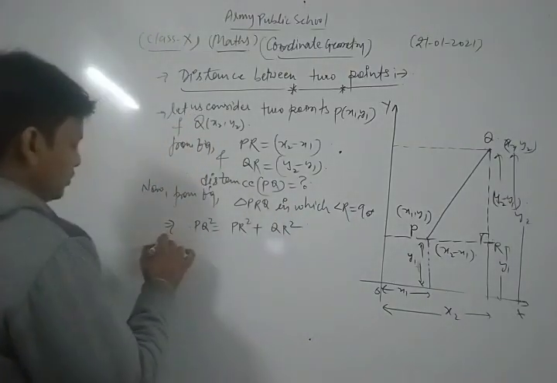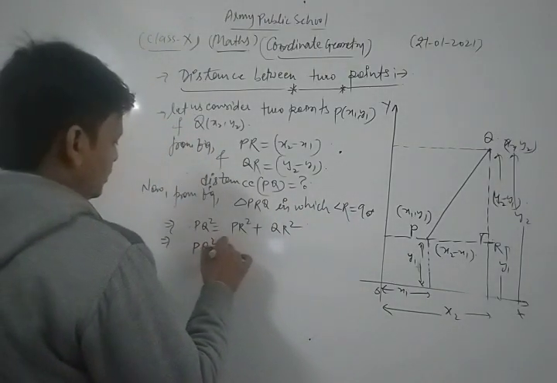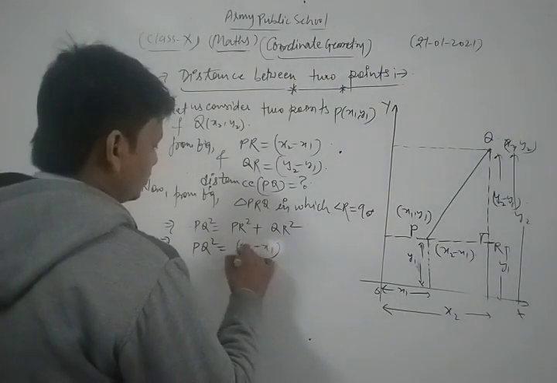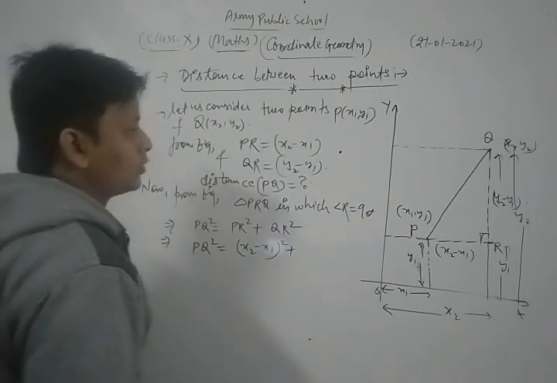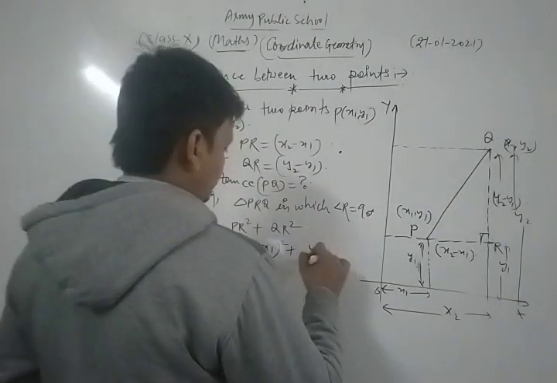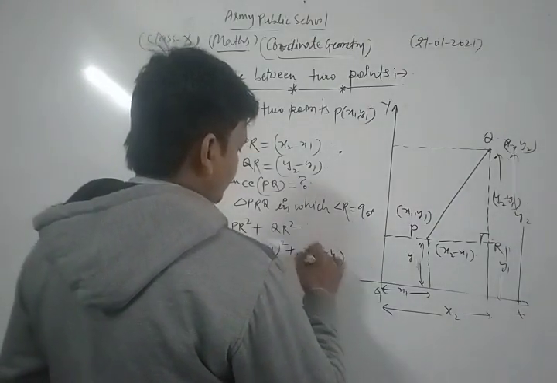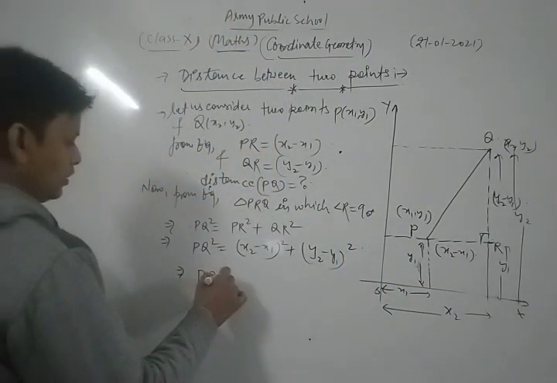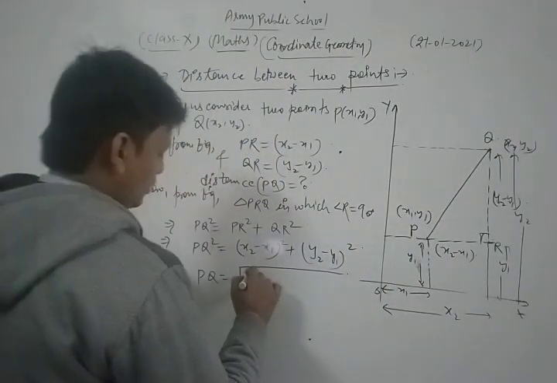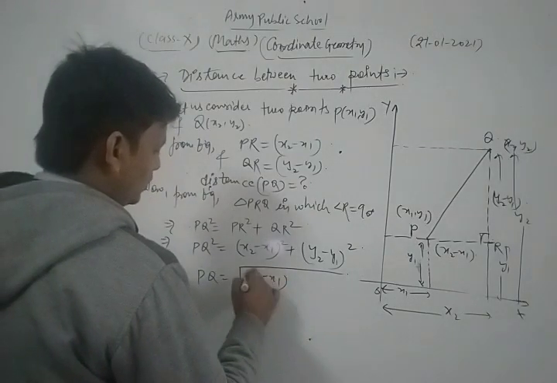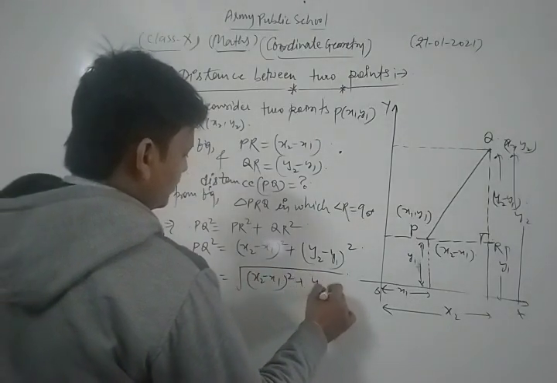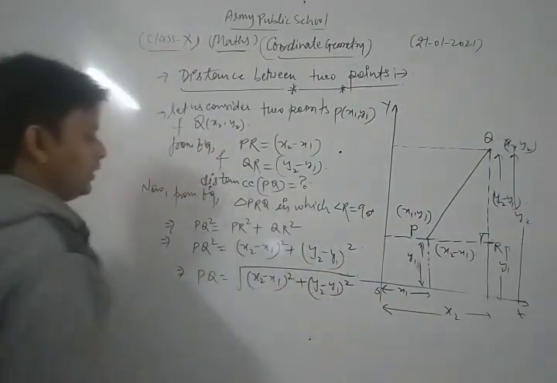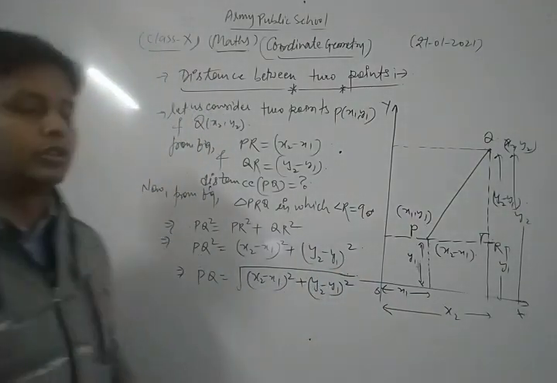Now we put the values: PQ square is equal to PR square, where the value of PR is x2 minus x1, whole square, plus QR square, which is y2 minus y1, whole square. So PQ is equal to the square root of (x2 minus x1) whole square plus (y2 minus y1) whole square.